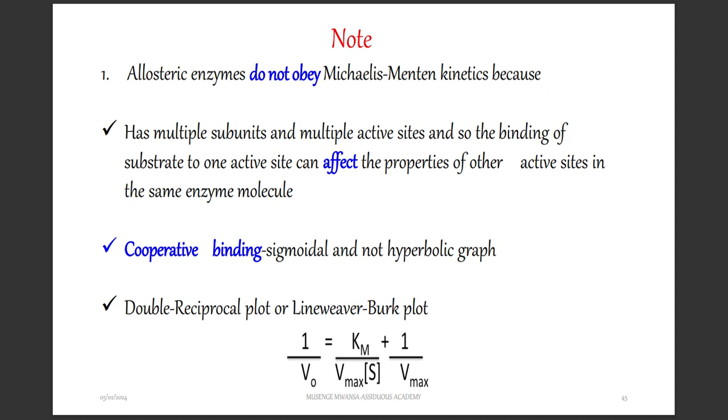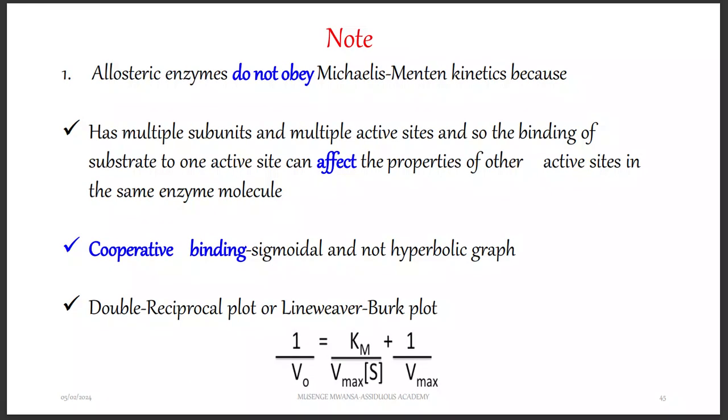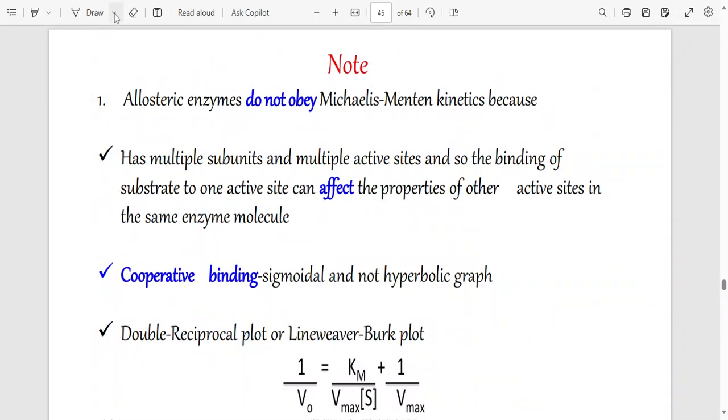A sigmoid is like an S. Let me try to represent that. Okay, so what we are saying is that the binding that we are talking about here is not hyperbolic, but it is sigmoidal.